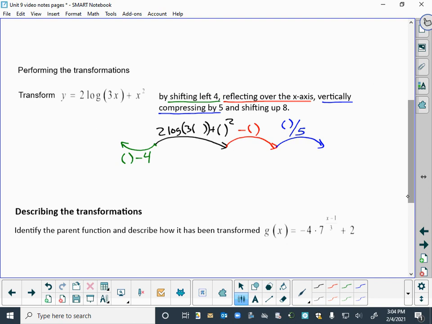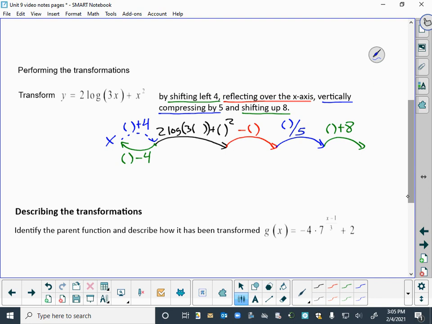And then running short on color, so I'm going to borrow the green here again, shifting up 8, up and down again. That is output side, so this would be adding 8 on that side. Okay. And so I'm going to load my x in here. I'm going to have to change that to a +4. That's the inverse operation.